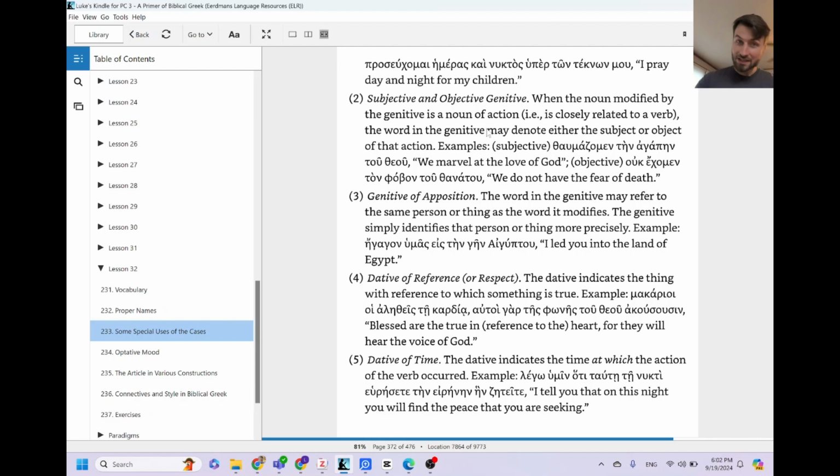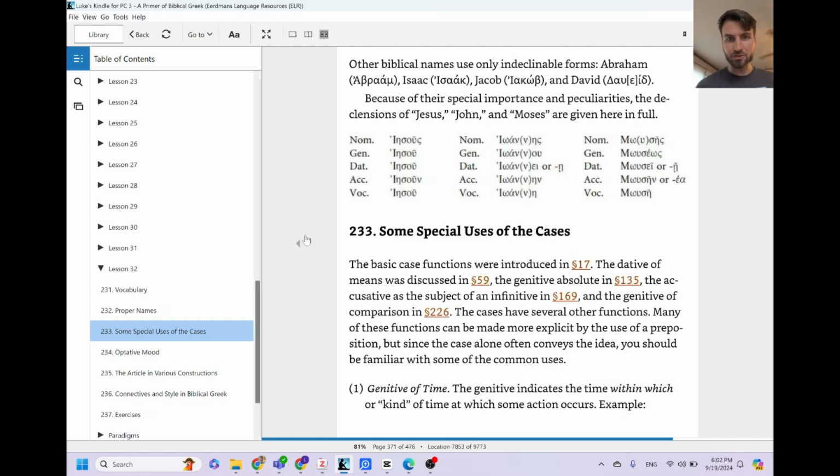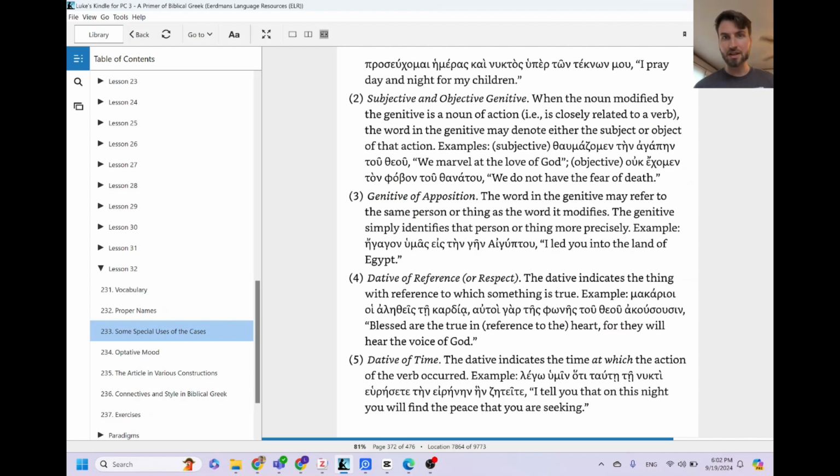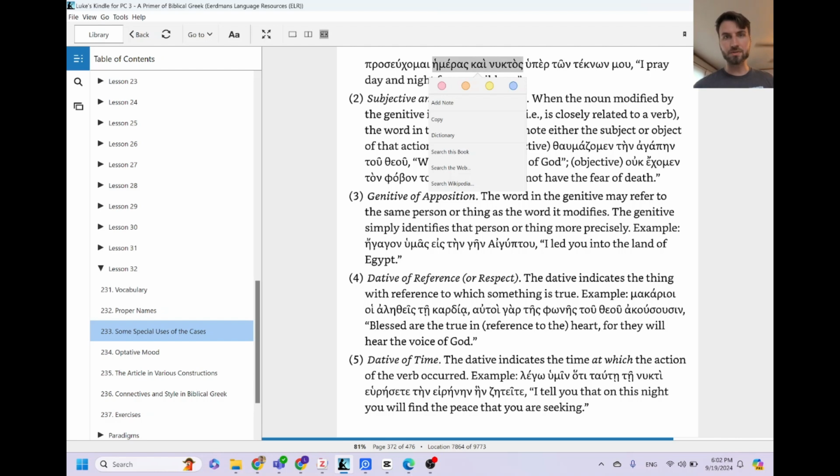Is this faith in Jesus, or is this Jesus's faithfulness that we're talking about? That becomes a big debate. But in terms of reading, the main ones you need to be aware of are the times. So genitive of time. The genitive indicates the time within which, or the kind of time in which an action occurs. It gives an example here: I pray day and night for my children. So I am praying, and then you notice the genitive of day and of night, for my children.